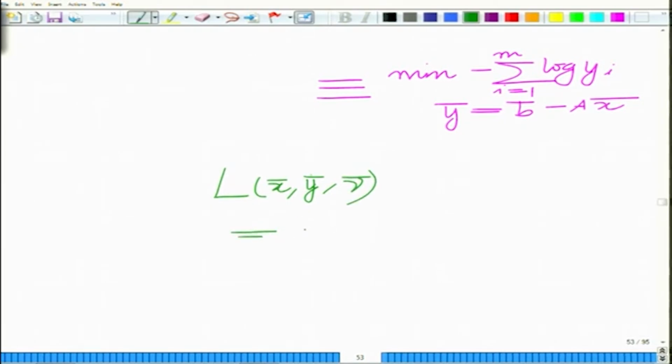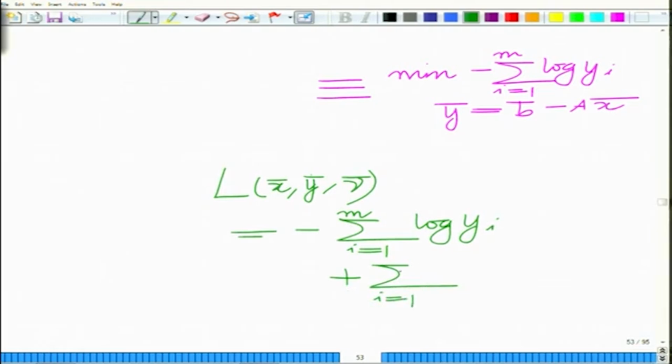It is basically the objective, minus summation i equal to 1 to m log yi, plus summation i equal to 1 to m, one Lagrange multiplier nu i for each equality constraint, that is yi minus bi plus ai bar transpose x bar.